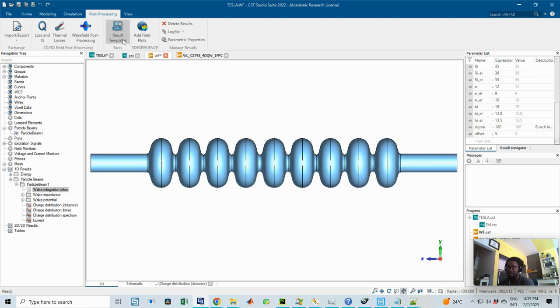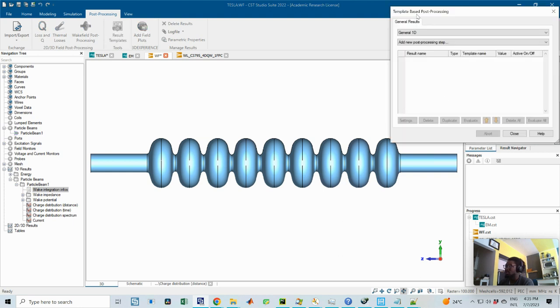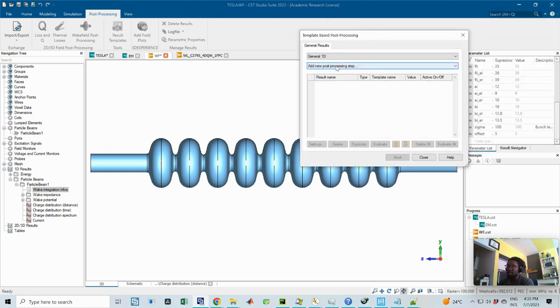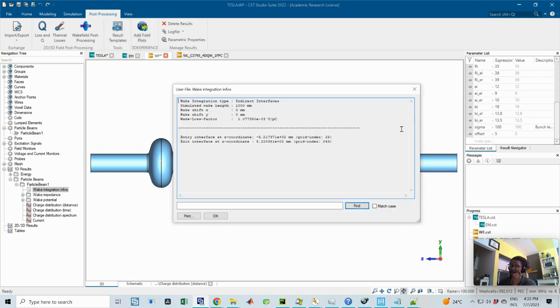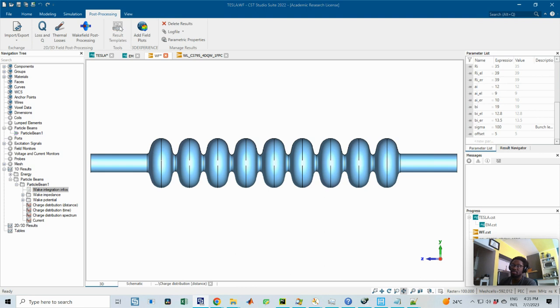I even exported the results, and it wasn't among the exported results. I also looked for a way to access this result here, but there was no way to get this information. But fret not, there's a way you can actually do it yourself, so you get exactly the same result just using post-processing steps.